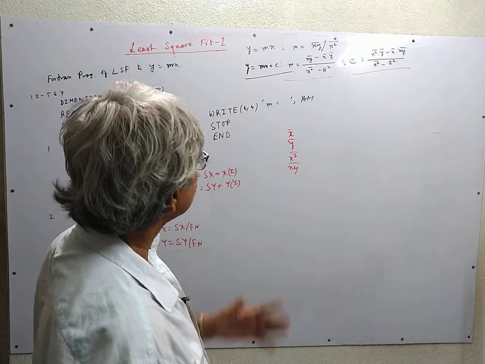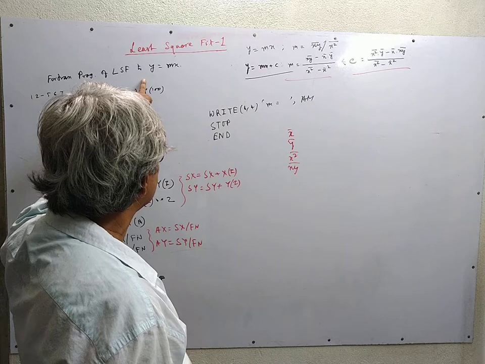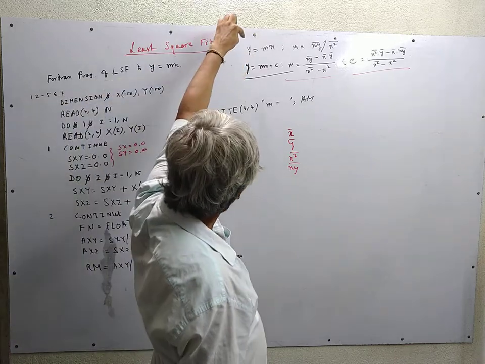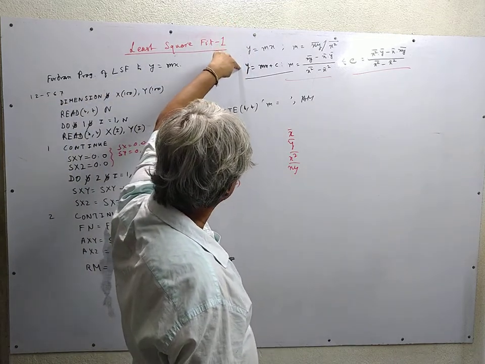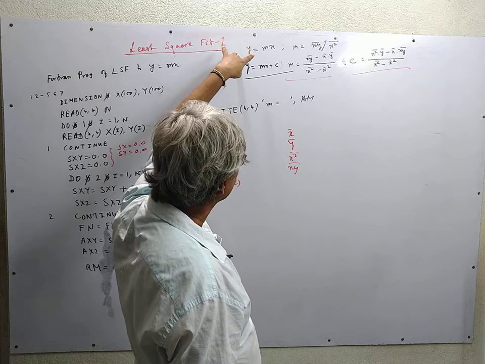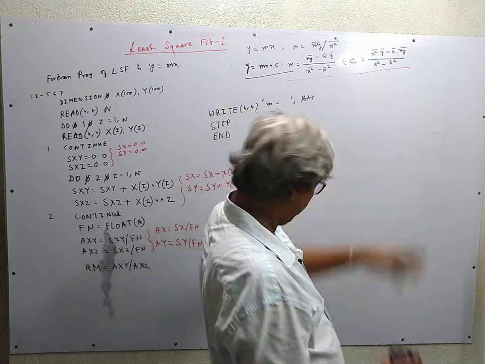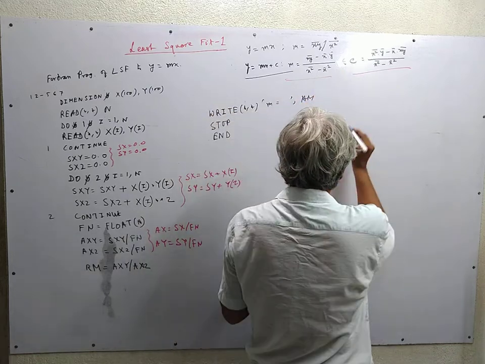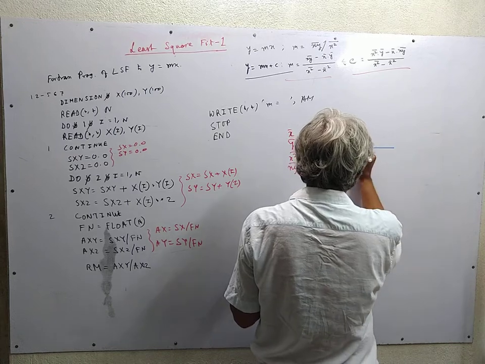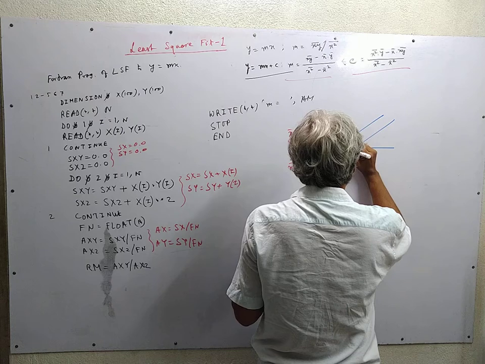One point of caution: if you know that the graph passes through the origin, then you must go for this formula, not for this, because if we have some error in the observation, then c may have some non-zero value, and the best fit graph may be like this or like this instead of being this.